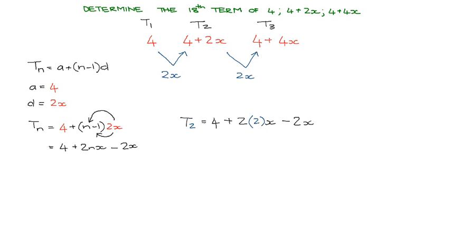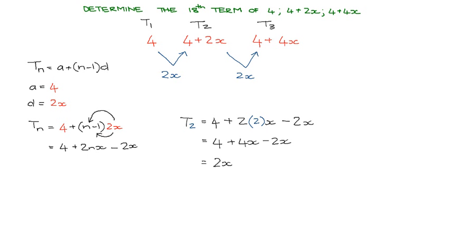Let's go ahead and simplify what's happening here. We have 4, that's not affected by anything. Then we have 2 times 2, which is 4, so we have 4x minus 2x. Fantastic. So let's look at our variables first. 4x minus 2x is the same variable, so we just look at the constant, so it's 4 minus 2, which gives us 2x.